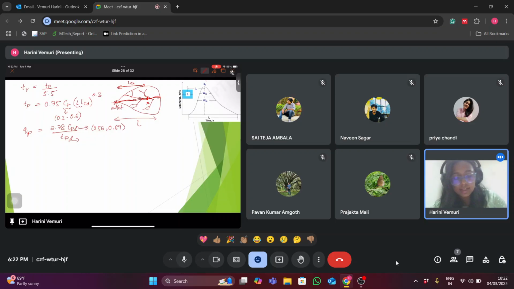If we have to obtain that, then first we calculate the new basin lag. The equation is Tp dash equal to Tp plus Tr minus small tr by 4. Here Tr is the excess rainfall duration of the new unit hydrograph, and small tr is the unit hydrograph duration of the old one. So this can also be written like this.